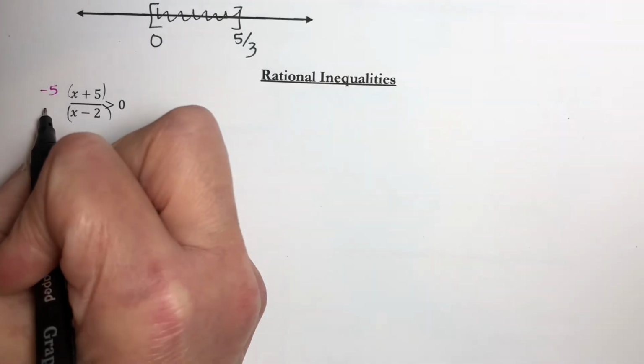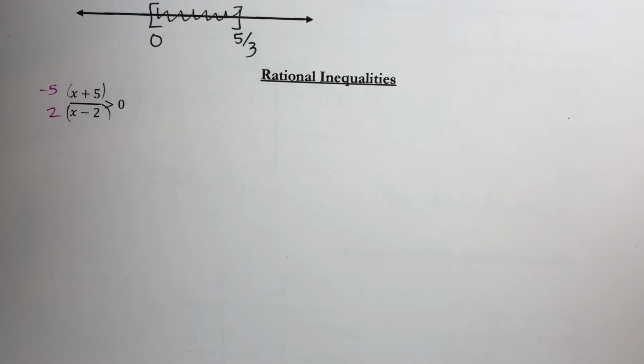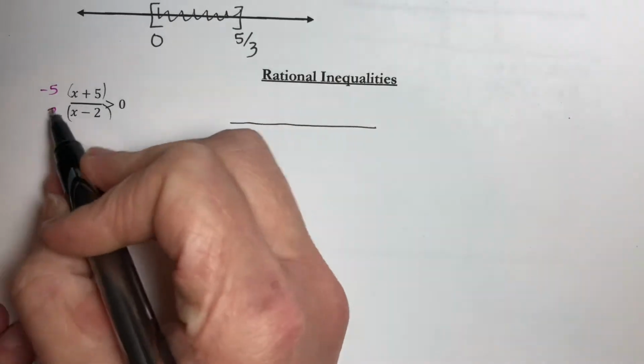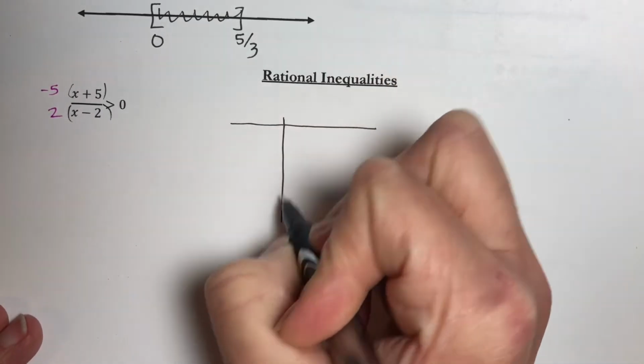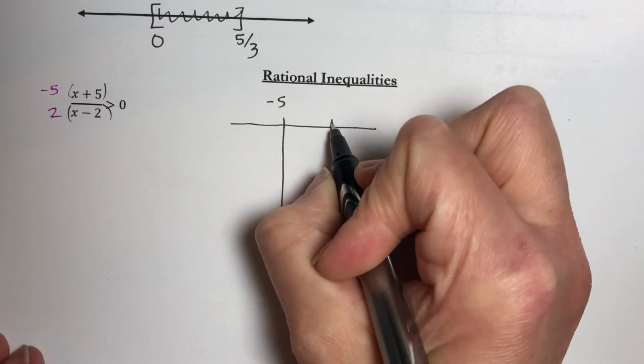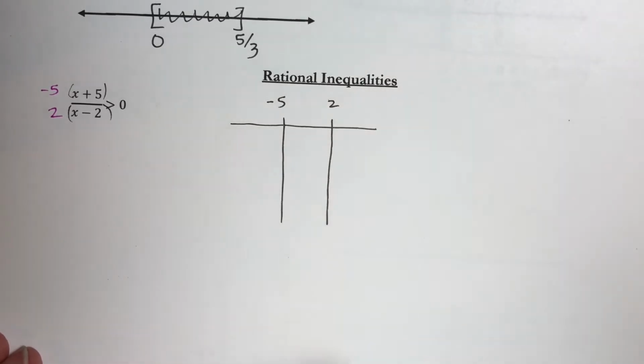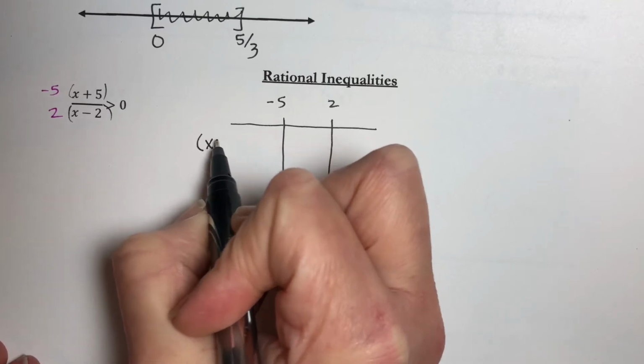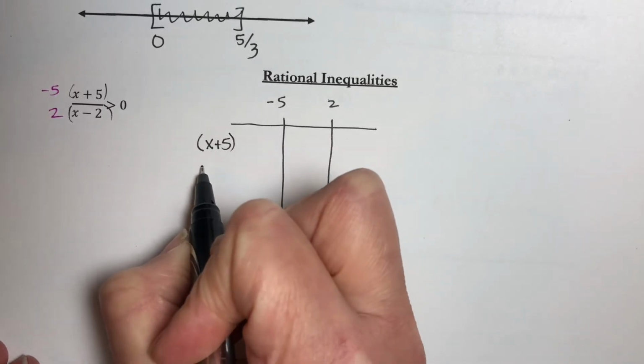And if I plug in a 2 here, I have a 0. So just like on the previous problems, I'm going to make a number line chart out of these two values. Put -5 first and 2 second. And I'm still going to put my factors over here on the side.